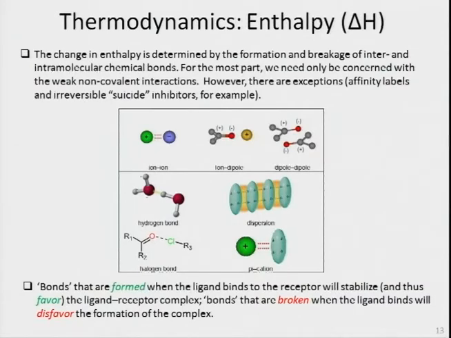And then we have what we might call generally dispersion forces. You might also have heard this called pi stacking, where essentially you have a molecule or a part of a molecule that can be induced to have a dipole.